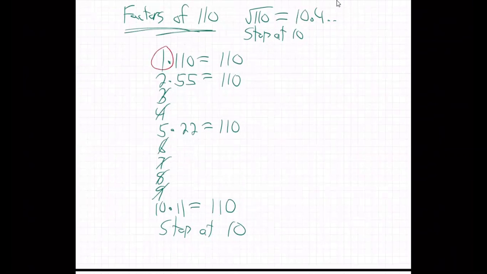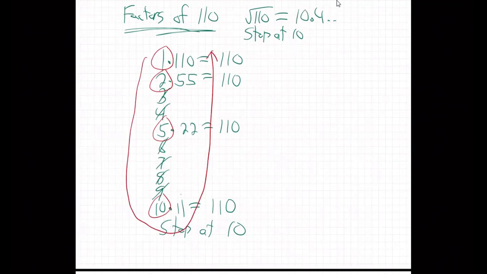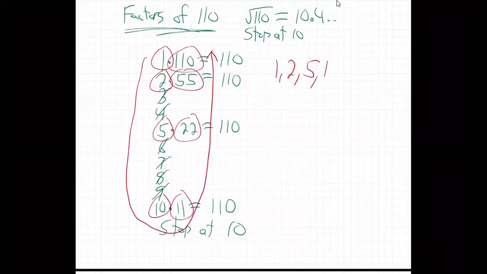What are they? 1, 2, 5, 10. You go down like this and back up the other side. 11, 22, 55, 110. So it's 1, 2, 5, 10, 11, 22, 55, 110. There's all the numbers that divide into 110.